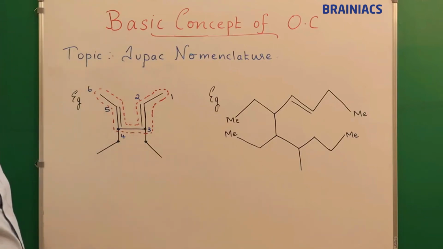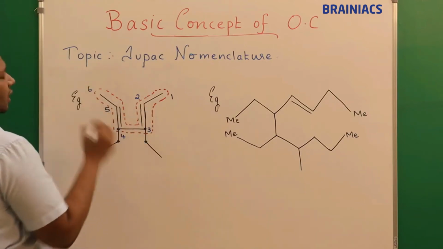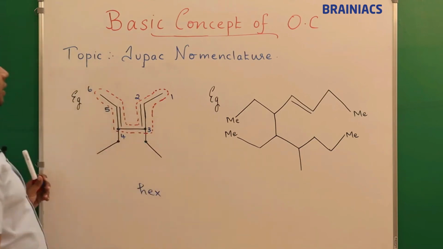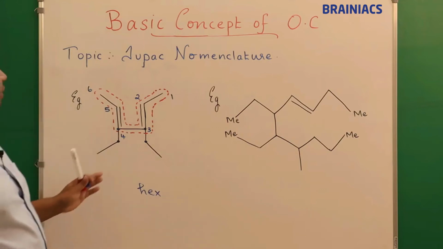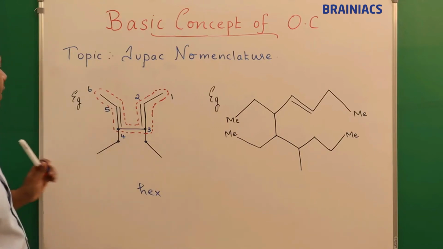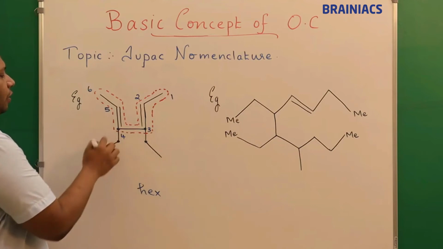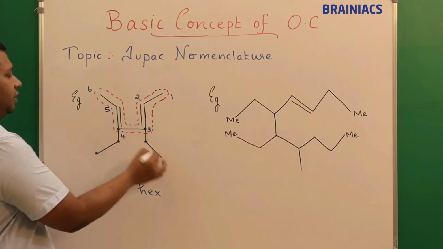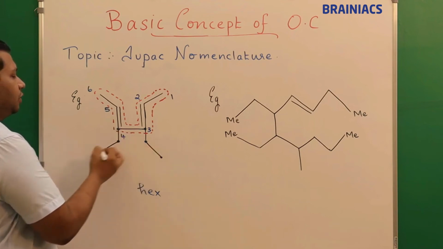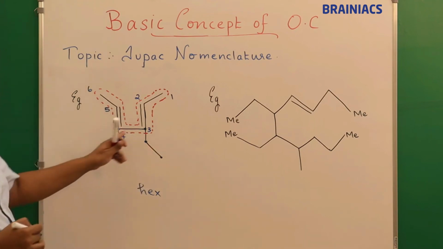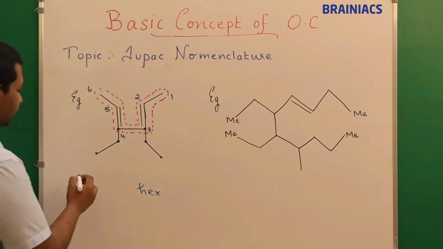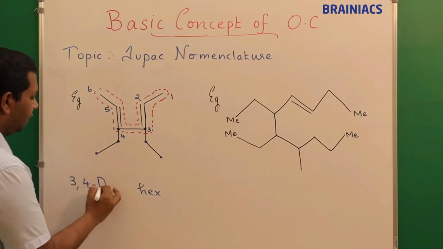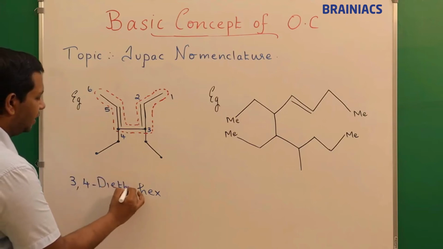Now how to put the name? You know that 6 carbons are there. So the word root is hex. And there is no primary prefix. Secondary prefix is there at position 3 and 4. You can see a two carbon chain is connected here also, here also. So this is 2 carbon, which means it is ethyl. So at 3 and 4 you have ethyl. So I can start with 3 comma 4 hyphen diethyl.